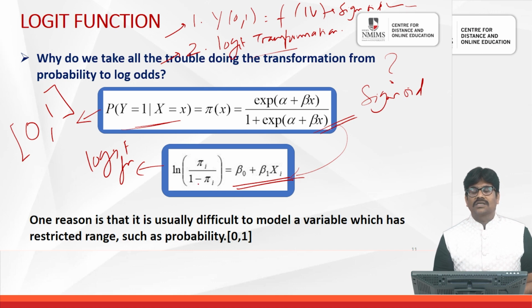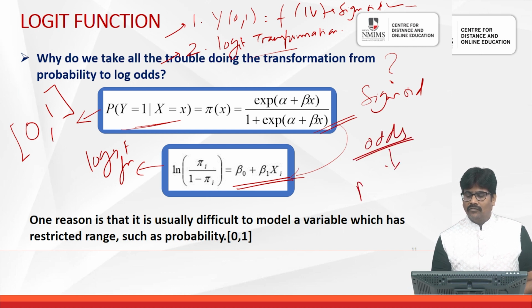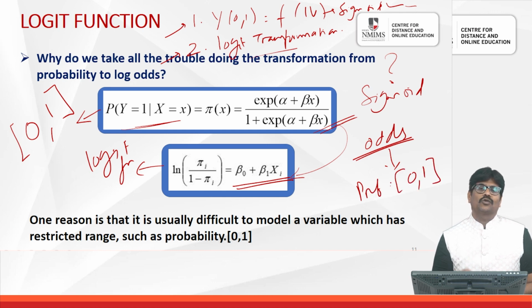Now the odds can vary to any value, but the probability will always remain between 0 and 1, right? This is called the restricted range problem. So for this condition, we take all the difficulty of transforming this probability into log of odds.